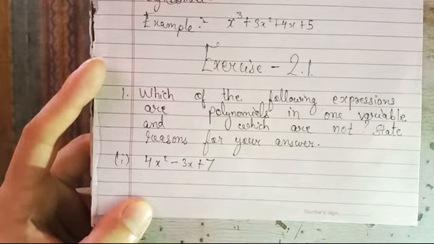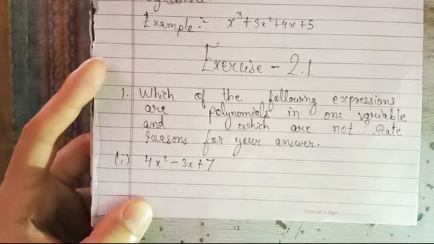That means the exponent of each and every variable should be a whole number. If the exponent is a whole number, then we can say that the polynomial is in one variable. Otherwise it is not in one variable.